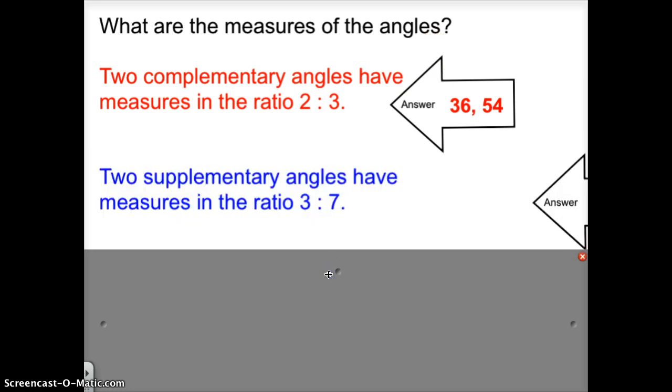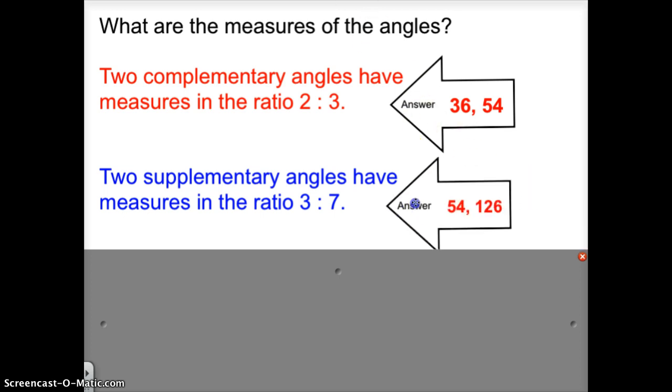This is question number 14 from your worksheet on the back. Take a second and try to answer question number 14, where two supplementary angles have a ratio of 3 to 7. Your answer should be 54 and 126.